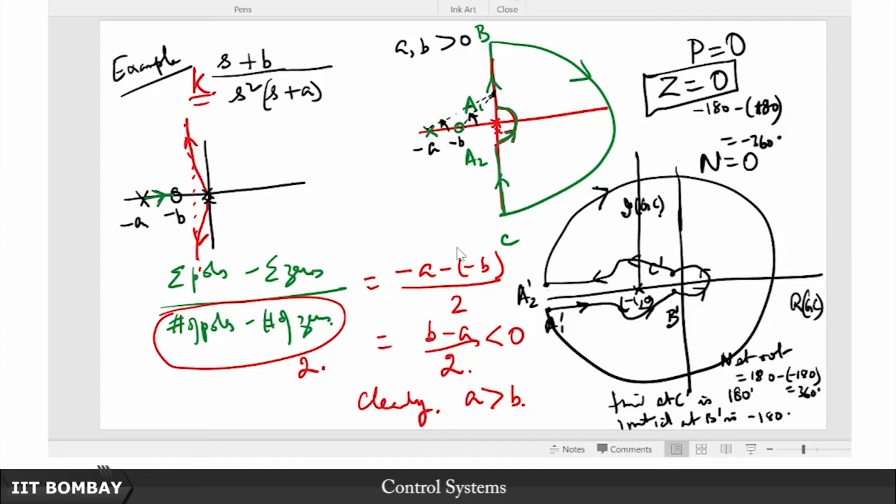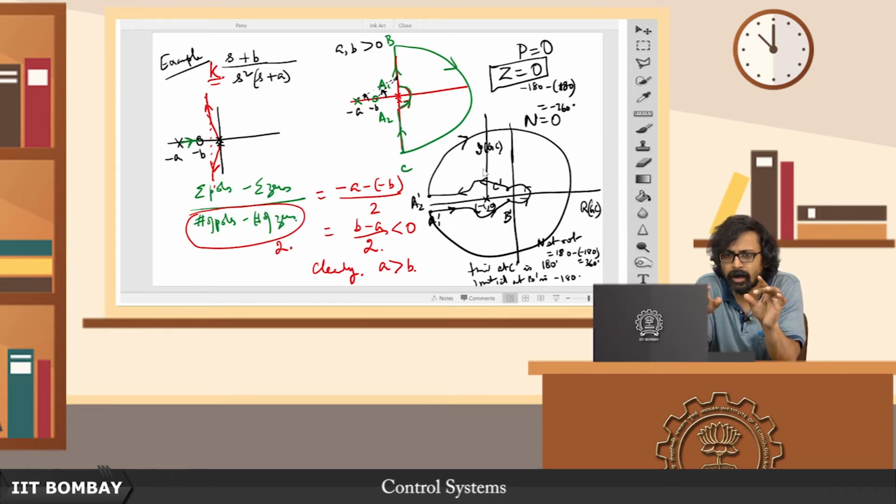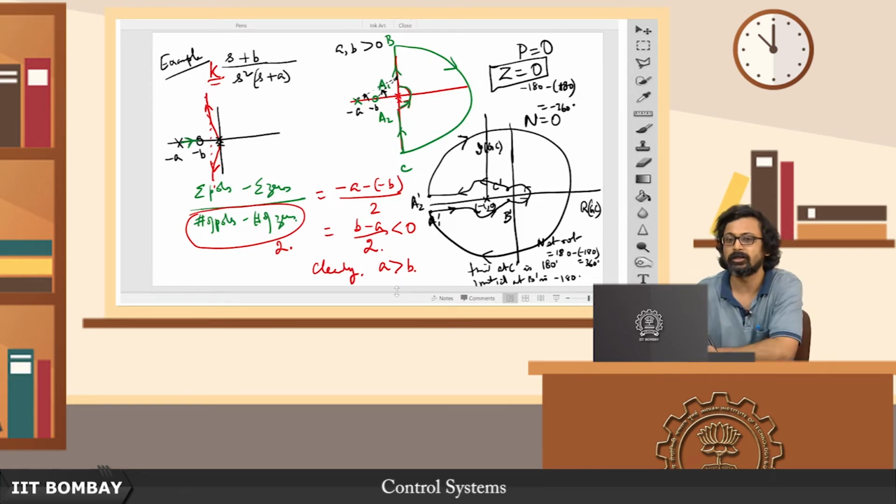This small contour around the origin is what is accounting for parts that are not on the j omega axis, but for the most part, this critical part is basically the part that deals with the j omega axis, and therefore it is a frequency domain tool, just like the Bode plot was. That justifies the name: Nyquist is a frequency domain tool, whereas clearly root locus or Routh-Hurwitz were explicit in the time domain characteristics.